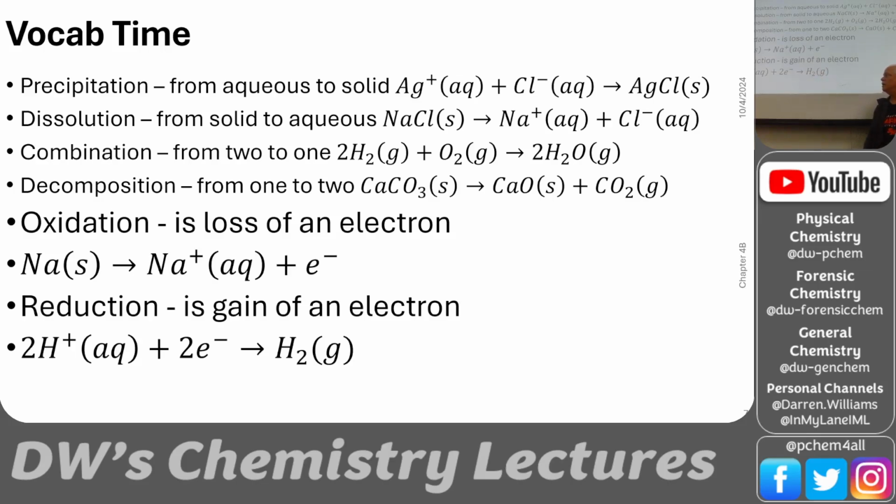This is reduction. So these hydrogen cations were reduced as they went past the arrow. So they gained an electron, so they were reduced, and they became hydrogen gas. So these are two new reaction types that we need to be thinking about: oxidation reactions and reduction reactions.